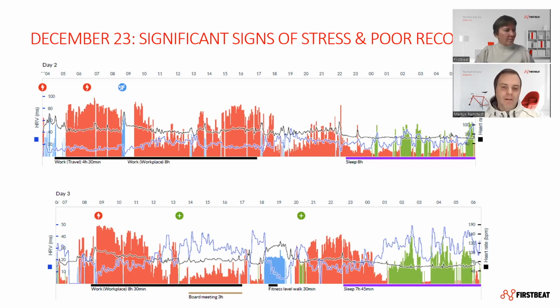No, this was a bit of a surprise, and this was actually when I was traveling for work, as you can see, a 4 o'clock wake up in the morning. Then traveling for 4.5 hours.